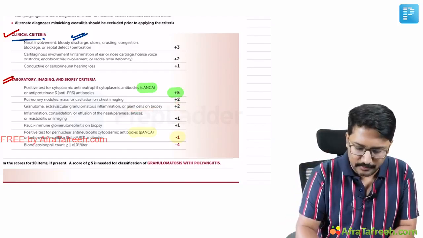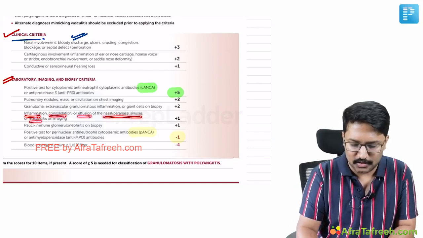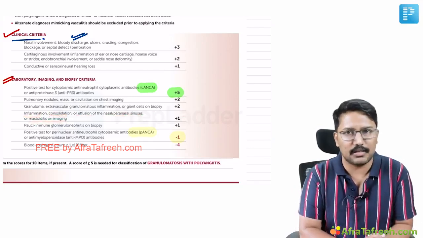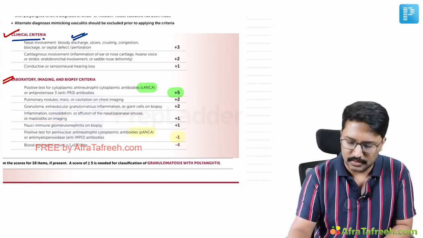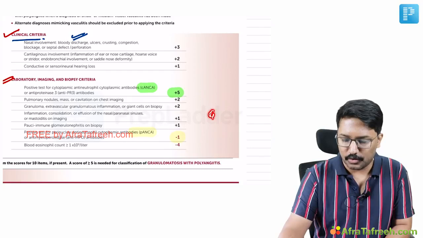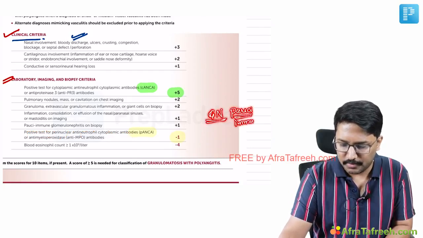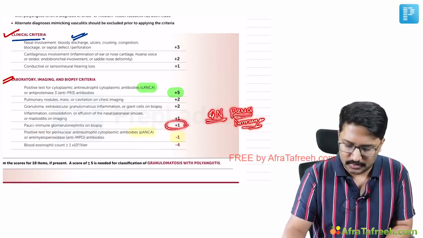And if there is inflammation, consolidation or effusion of the nasal, paranasal sinuses or mastoiditis on the imaging, like we saw on the previous CT where there was sinusitis, we are giving some point. And if you have done the renal biopsy, if there is pauci-immune glomerulonephritis, that means there is no immune complex deposition, we will be giving some positive points, right?